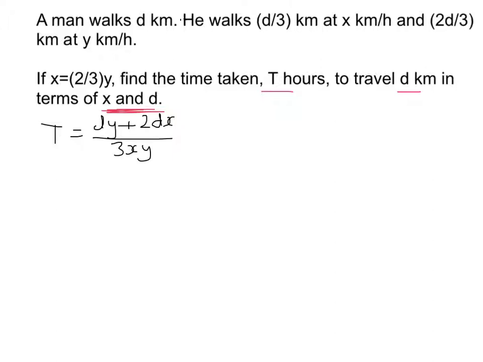We need to keep the x's in the equation, we need to keep the d's in the equation, we need to lose the y's from the equation, and that's where we need to use this equation here.